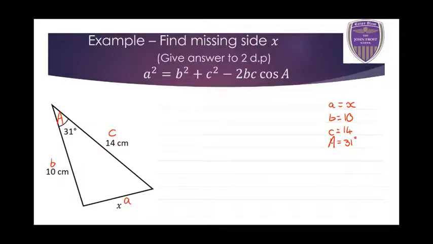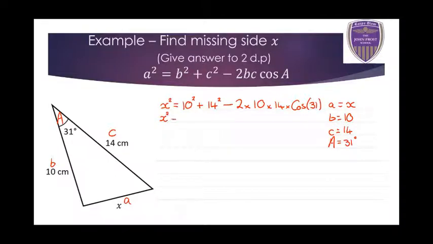Okay, so let's substitute these values into our formula now. A squared, well, A is X, so that gives us X squared. B squared, B was 10, so that's 10 squared. C squared, C was 14, 14 squared. Take away 2 times B was 10, C was 14, and it's going to be cos, and the angle was 31 degrees, so cos 31, okay?